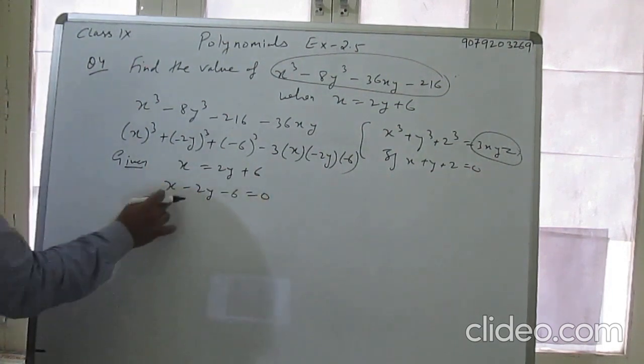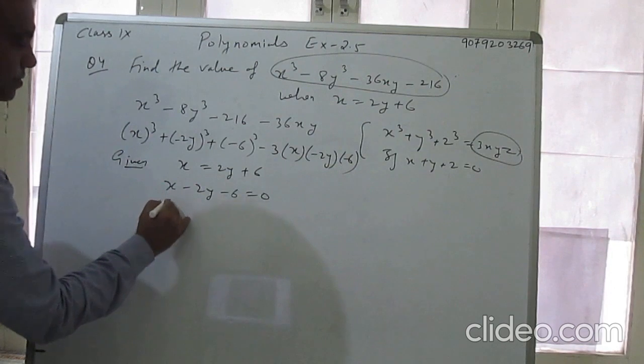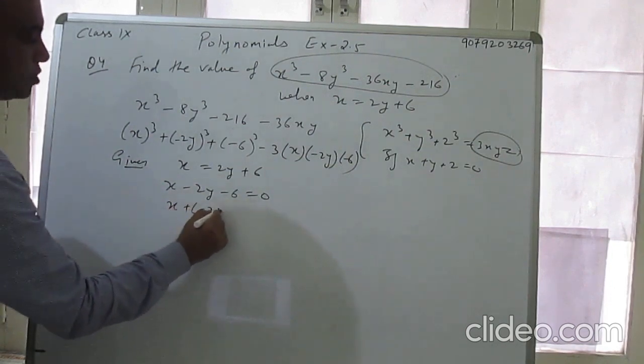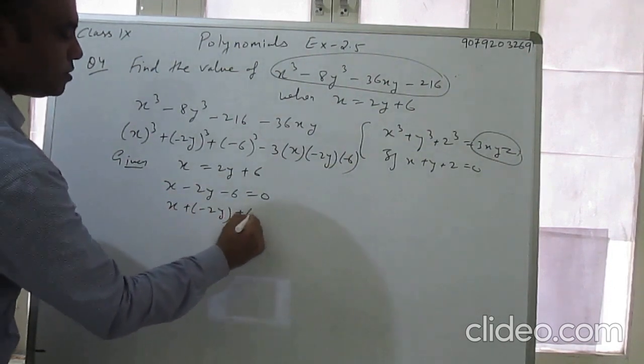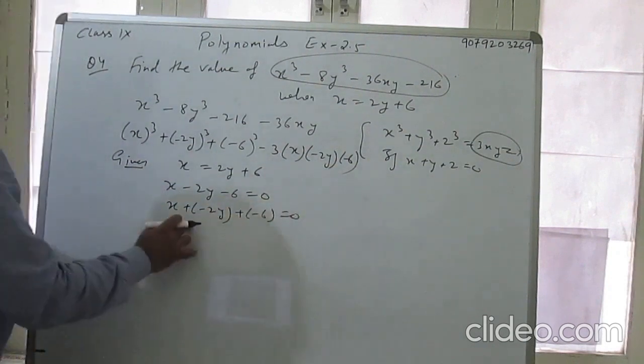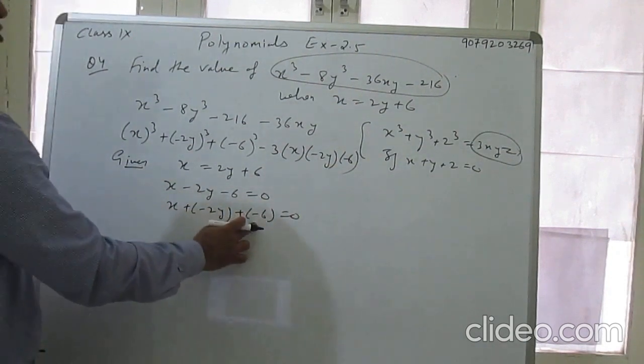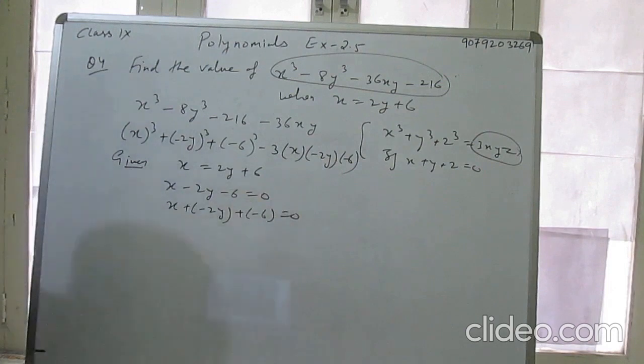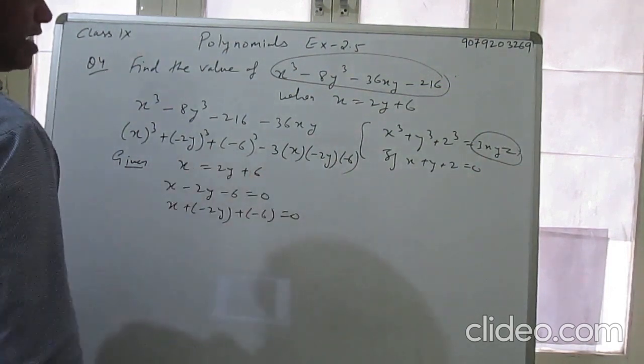It means x plus minus 2y plus minus 6. If x plus y plus z is equal to 0, you will get 3xyz.